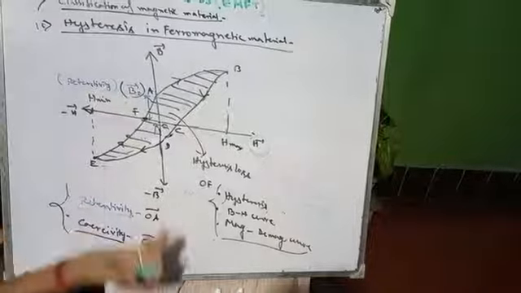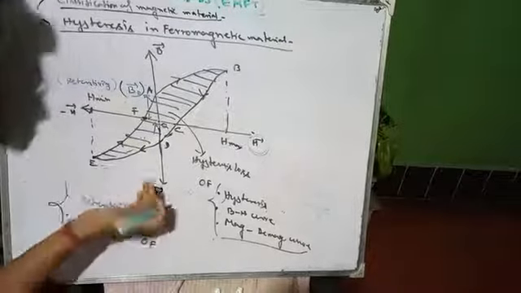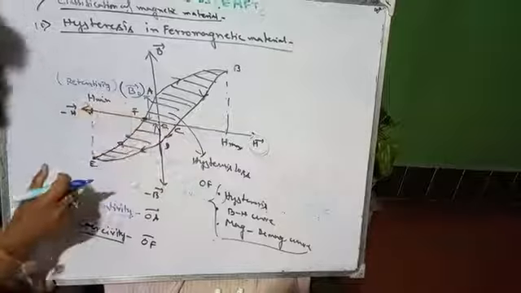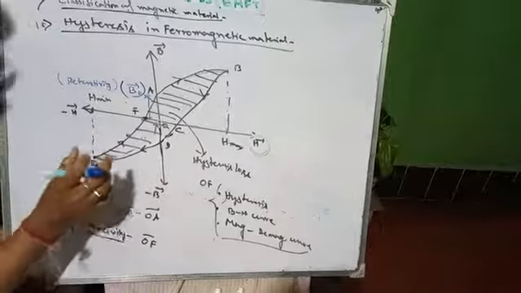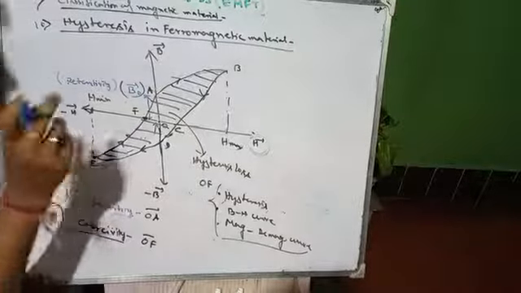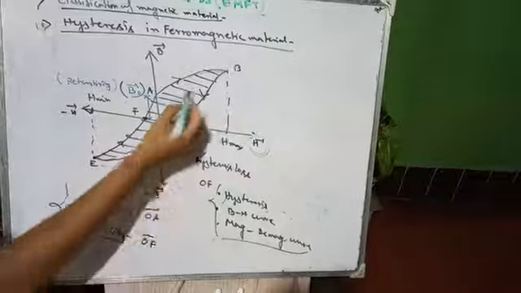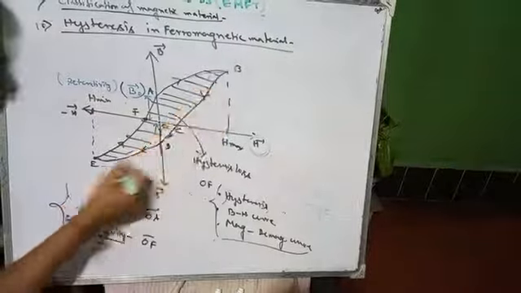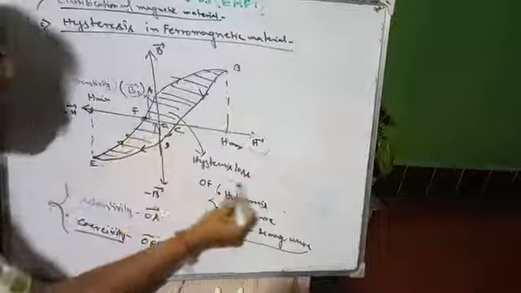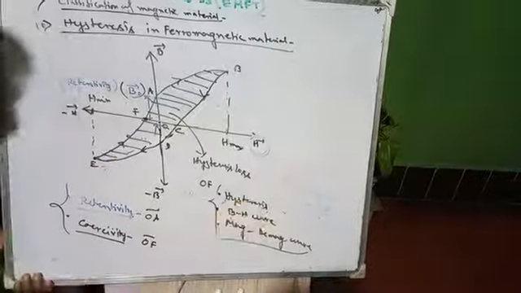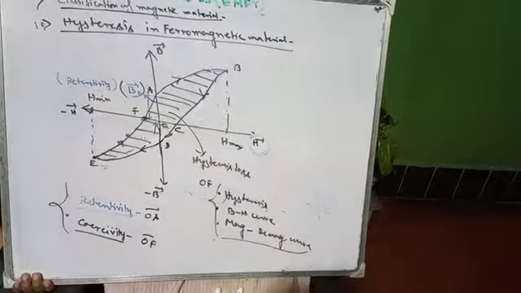This process needs a little amount of energy, which cannot be utilized by the transformer. So this amount of energy lost is calculated from the area inscribed by this loop. This is called hysteresis loss.